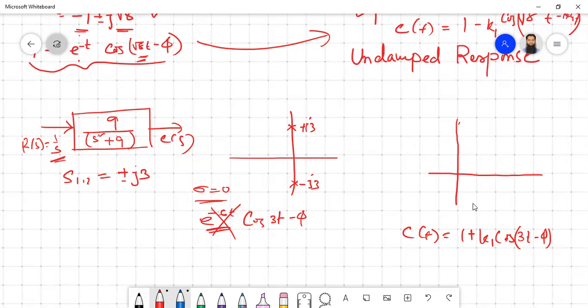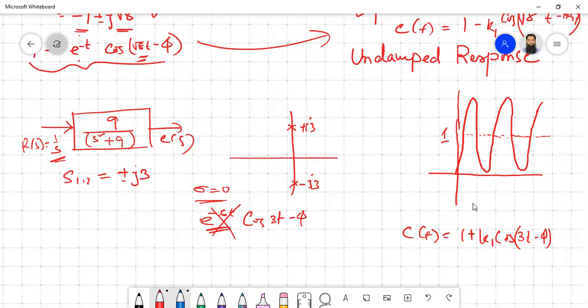So the value 1 is now the reference around which it will oscillate with equal magnitude, something like this. It is never actually getting reduced, it always has the same pattern. Even though drawing on the tablet is not that perfect, just assume this is a sinusoidal oscillation around the value 1.